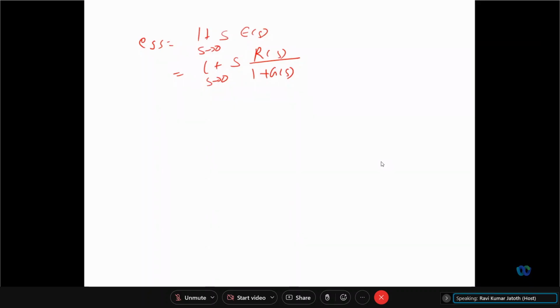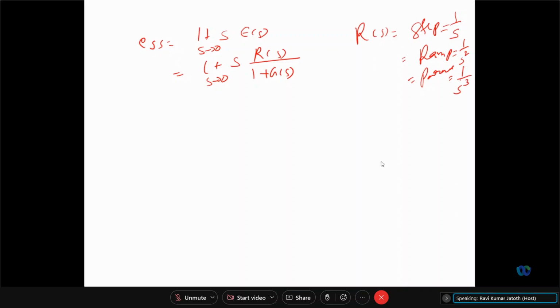Right. So now R of S can be a step input, a ramp, or a parabolic input. If it is a step input, R of S is 1 by S. Ramp, 1 by S square.